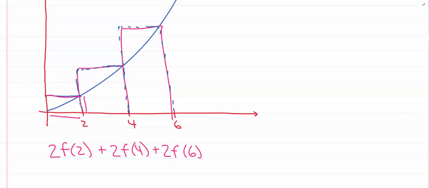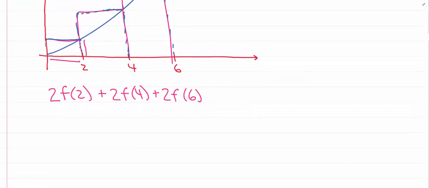But I want to point out something here before I actually calculate this. Look at this first one: you've got this 2. This is my delta x. I'm just trying to generalize. And look what I've got here, I've got f of 2. This is 1 delta x, right? Just bear with me here. This is 1 times delta x.